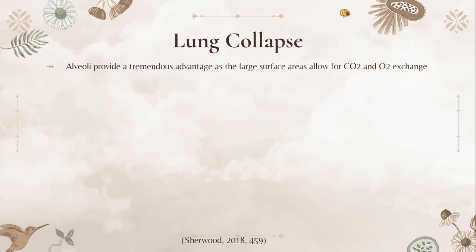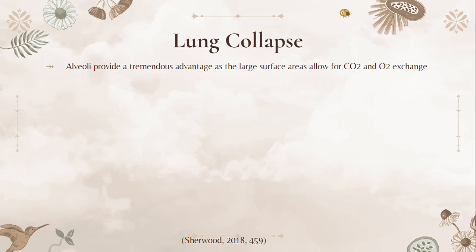So alveoli provide a tremendous advantage because they increase the surface area. So think of a sugar cube versus a single sugar molecule. The sugar cube actually has less surface area, even though it's larger, because the crystals dissolve one at a time.